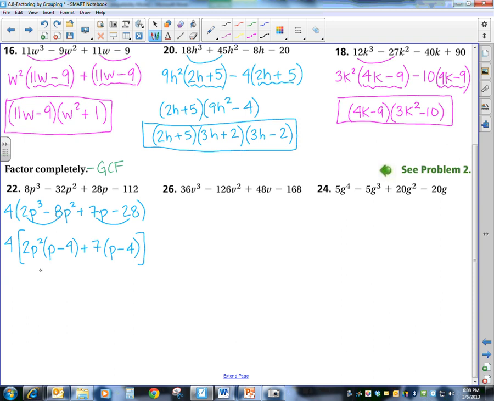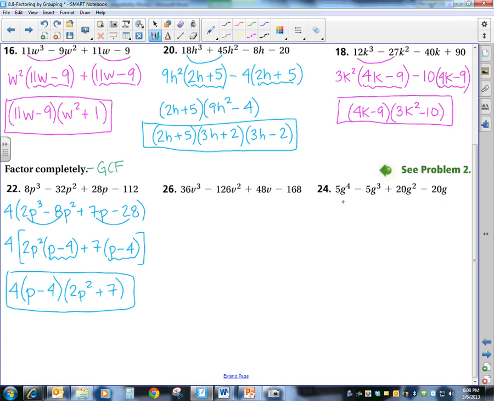Okay, and there's my common binomial factor. So carry my 4 down. My binomial factor is p minus 4, and that leaves me with 2p squared plus 7. Now I have a squared variable, but that's not a perfect square. So that's enough to tell me that I'm done.